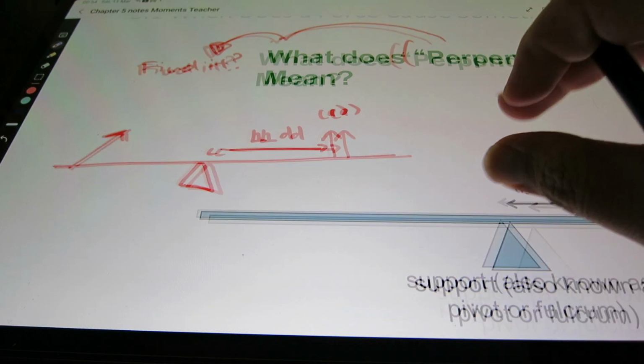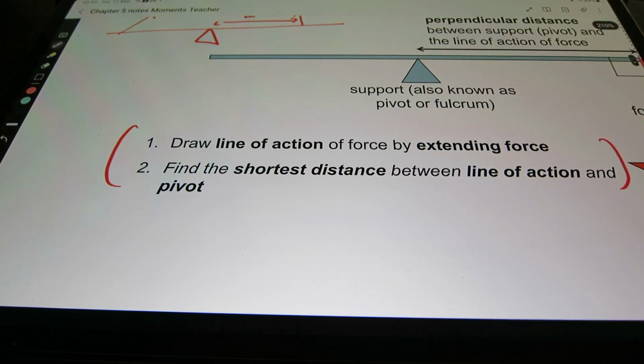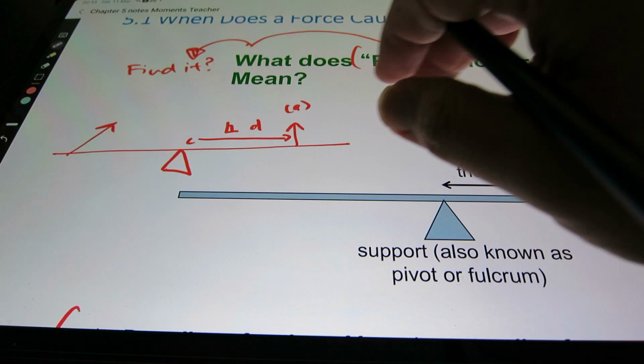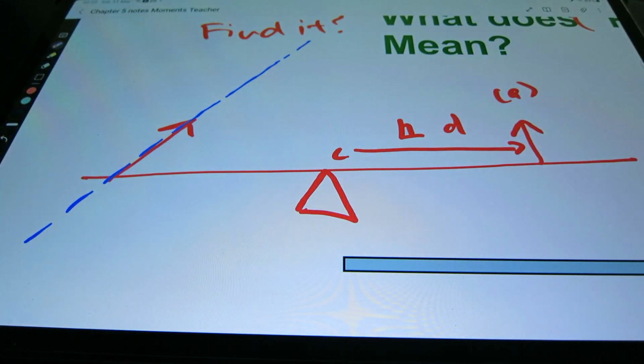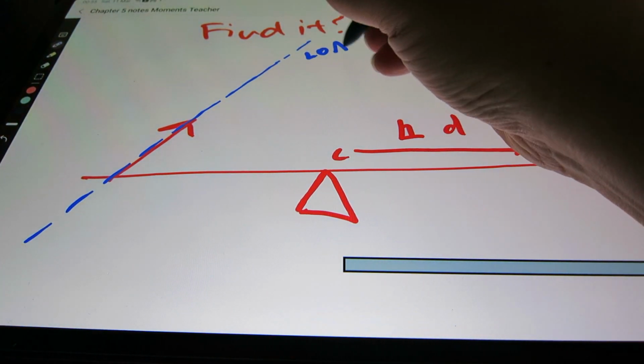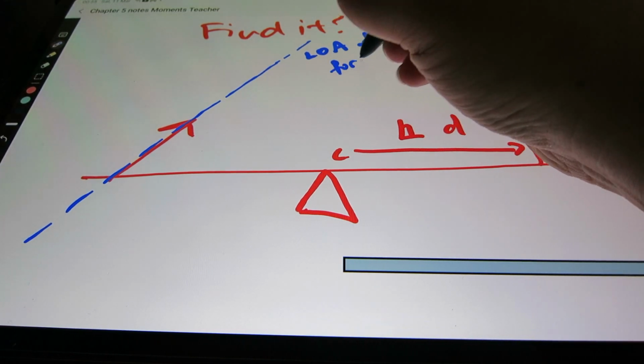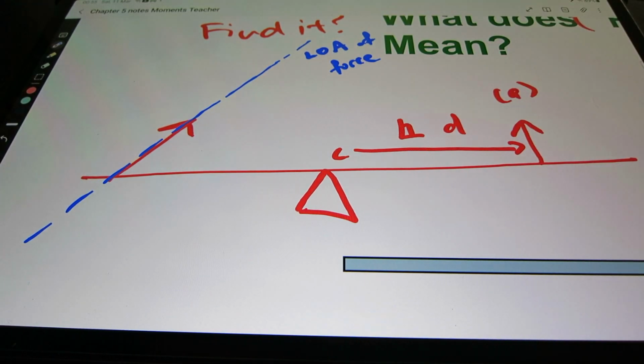There are two steps, and I've summarized them here. Step 1: draw the line of action of the force by extending the force line. Step 2: find the shortest distance between the line of action and the pivot. So if I follow step 1, I extend the force. By extending the force line in both directions, I have now formed what I call the line of action of force. It sounds complicated, but it's not.